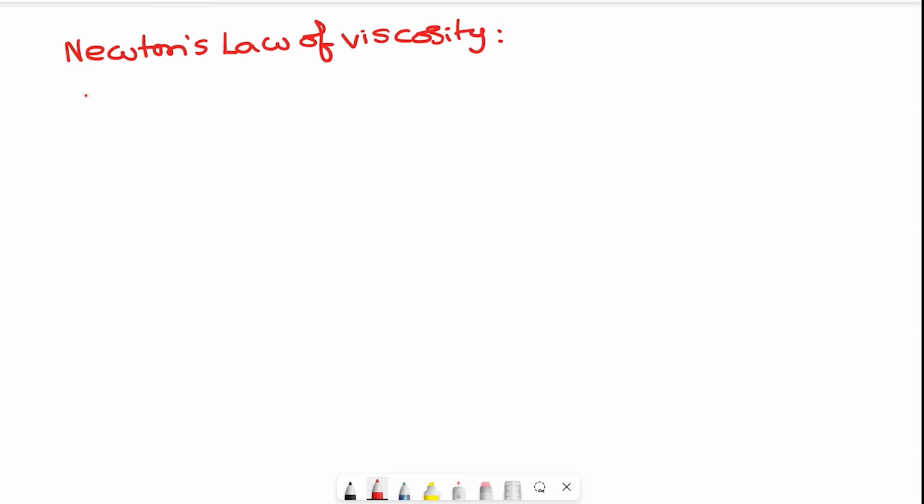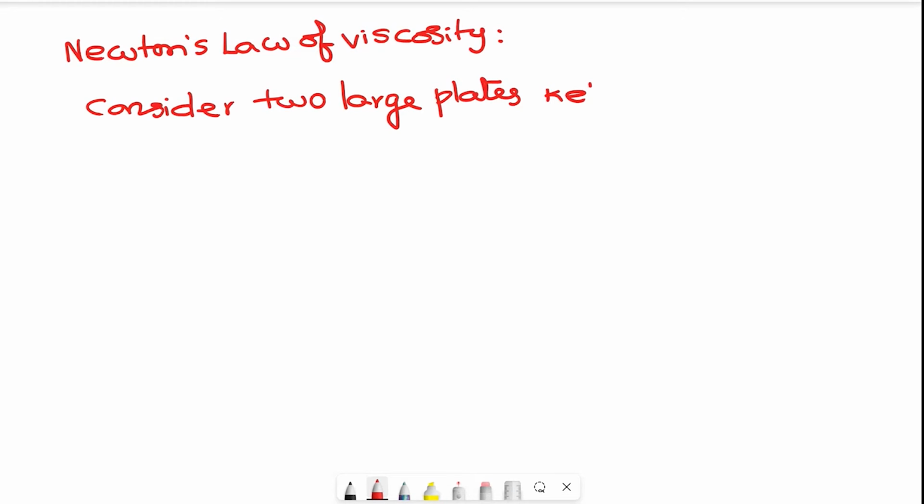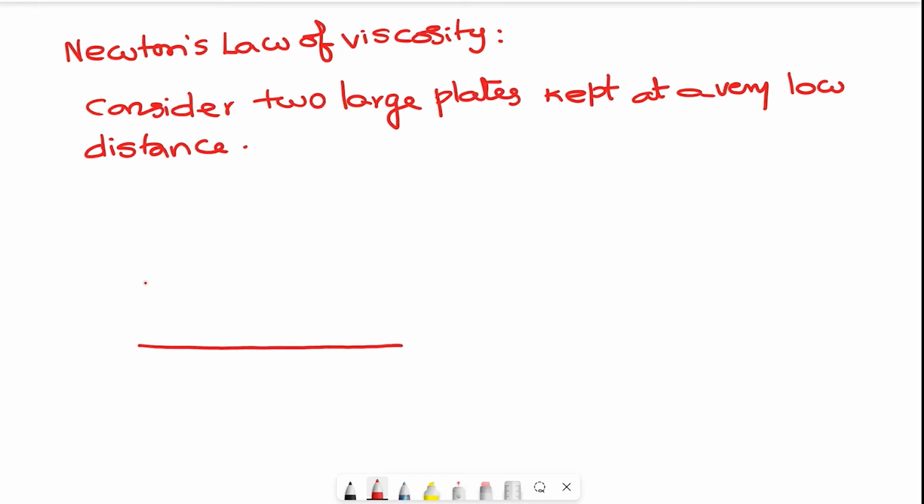So what you do is consider two large plates, because the plates should be very long, kept at a very low distance. My meaning is, suppose this is one plate, this is another plate.